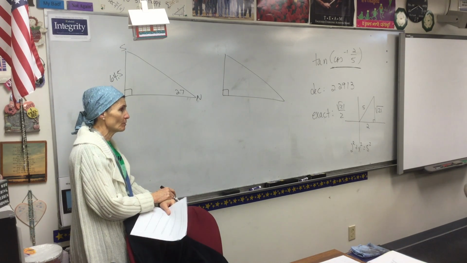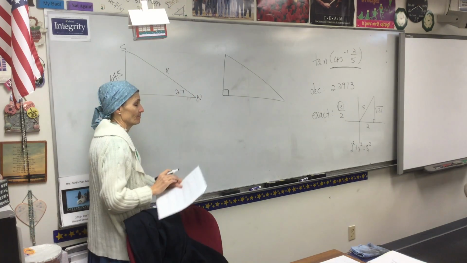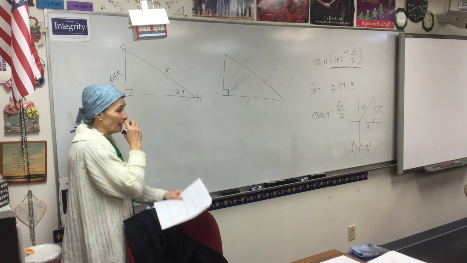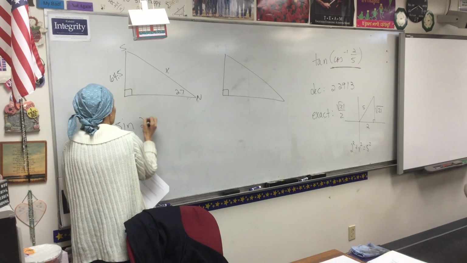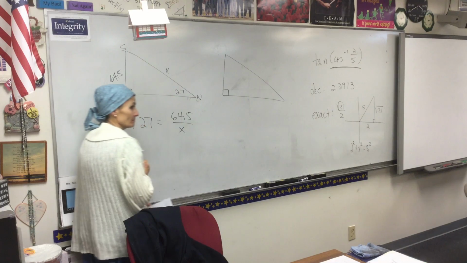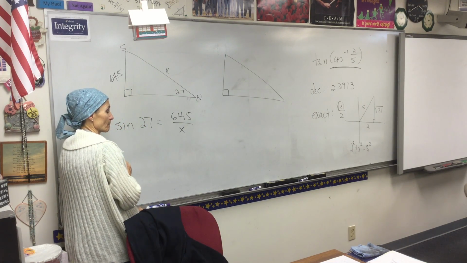So where are you going to put your X? Hypotenuse. Squirrel, nut. Yeah, please put your X in the picture so that you know what function to use. Ferris says sine. Sine 27 equals 64.5 over X. Opposite over hypotenuse.